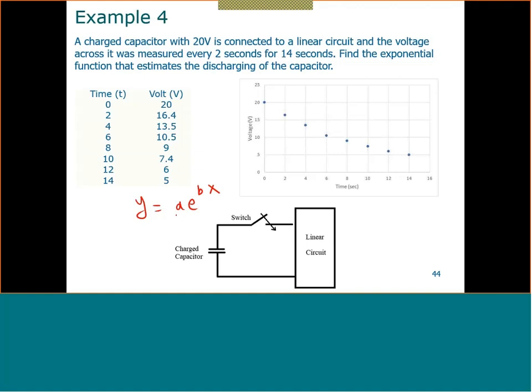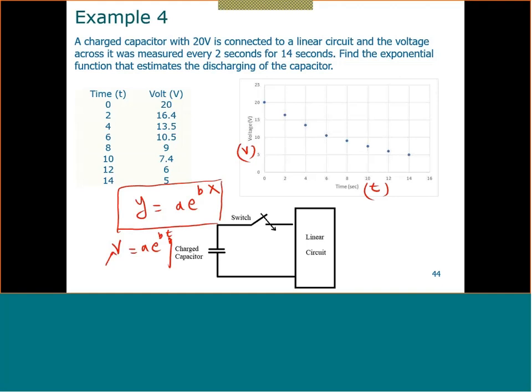This is the function that we want to find. Here my independent variable is t and my dependent variable is v. So if I rewrite this instead of in terms of y of x, v equals a e to the power of b t. This is my y value, and this is my x value.